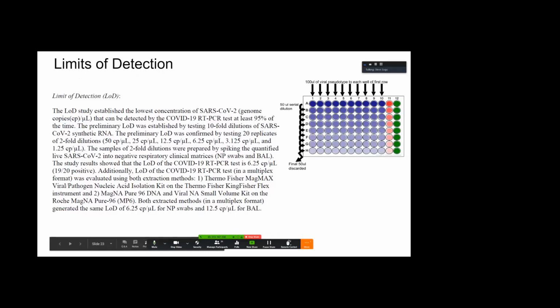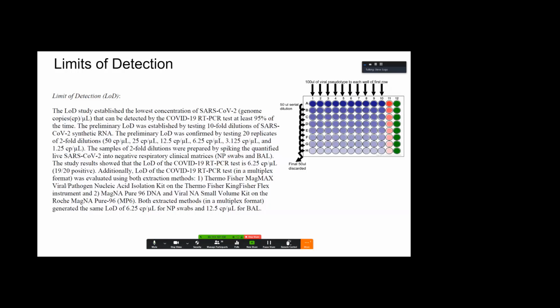Limits of detection are important. So how little virus is needed to get a signal, that's clearly an important number to know. So LabCorp did their test, and they did dilutions in 96 well plates. And this is the wrong number, but the idea is that you make it more and more dilute, and you can see it starts dark blue, so this has got a lot of viral RNA in it.